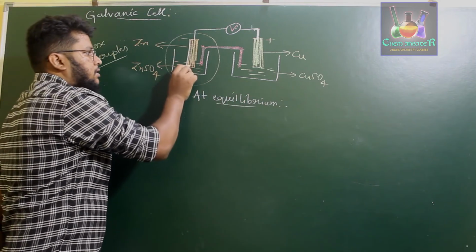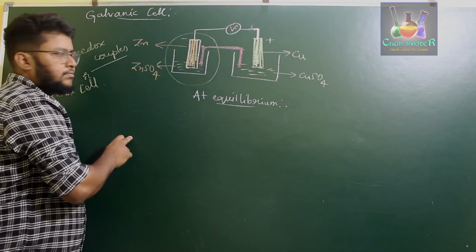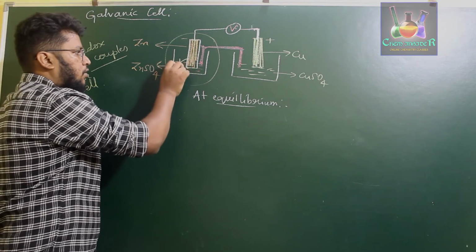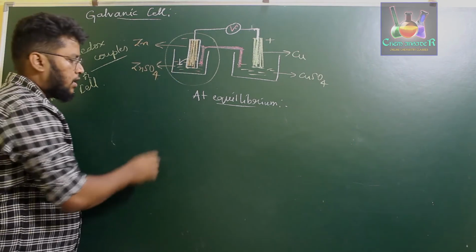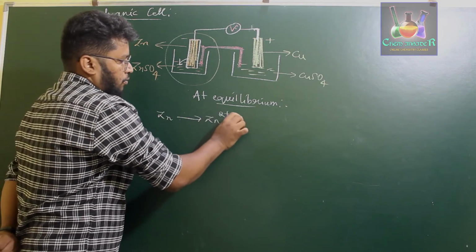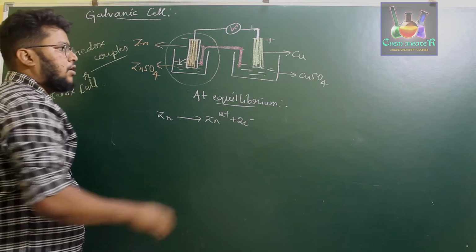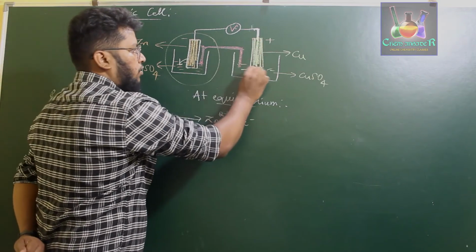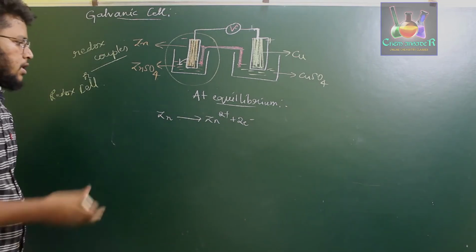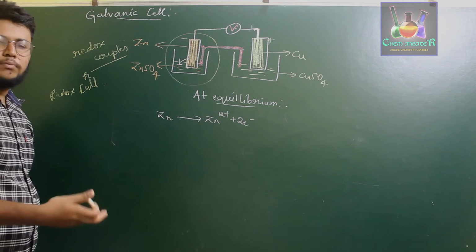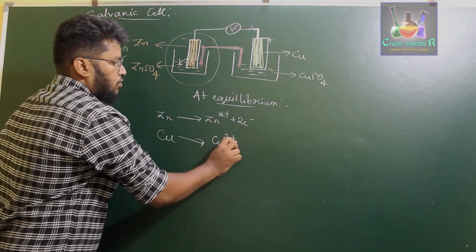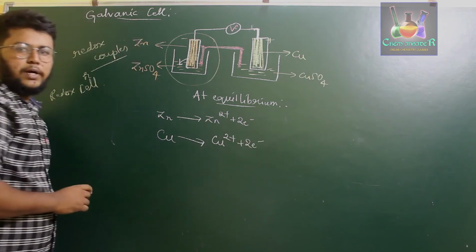The metal zinc present in the electrode may tend to lose electrons and get dissolved in the solution. Zinc may tend to lose electrons to form Zn2+. Similarly, copper can also tend to lose electrons to form Cu2+ ions. That is because it is in equilibrium. Zinc can lose two electrons to form Zn2+, and copper can also lose two electrons to form Cu2+.